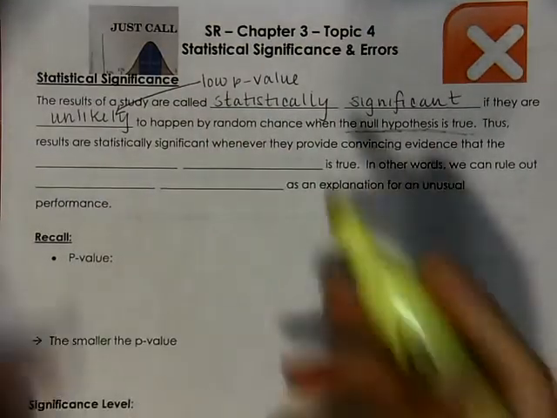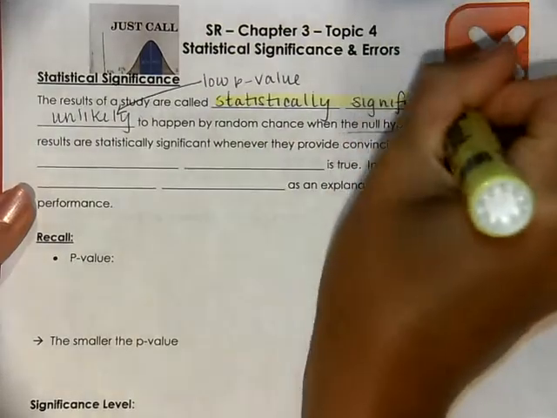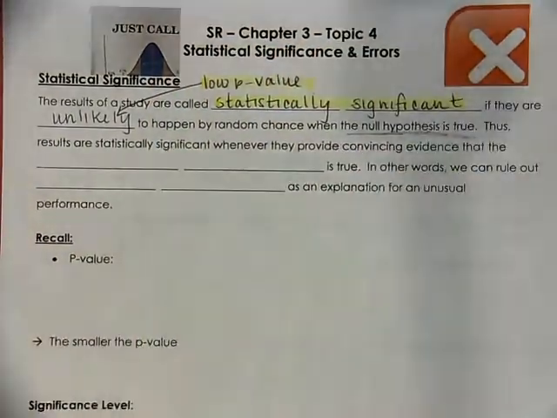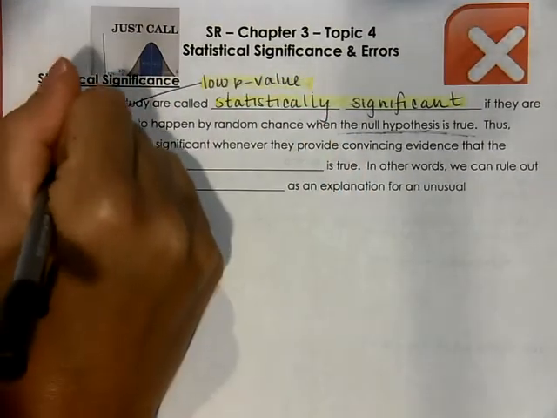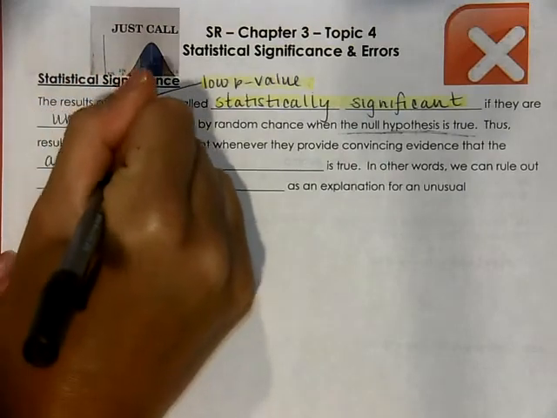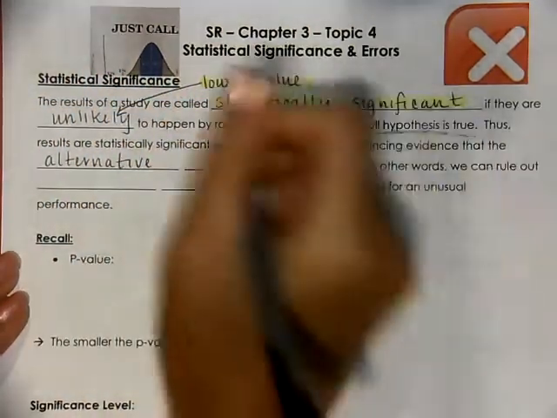Okay, so results are statistically significant when they're unlikely to happen by random chance, or in other words, we get a low p-value. Thus, results are statistically significant whenever they provide convincing evidence that, so let's think about this, if we have a low p-value, we do have convincing evidence to accept HA. In other words, they provide us convincing evidence that our alternative hypothesis is true.